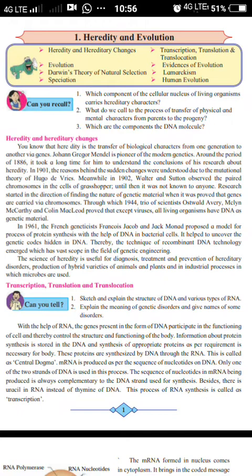Heredity and variation play a very important role in evolution. Now what is evolution? Evolution is nothing but the gradual and systematic changes which take place in individuals through generations over a long period of time.